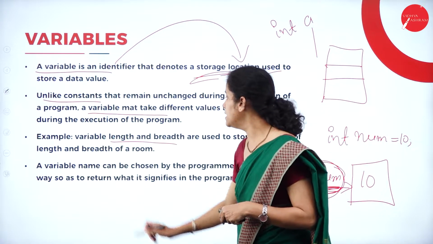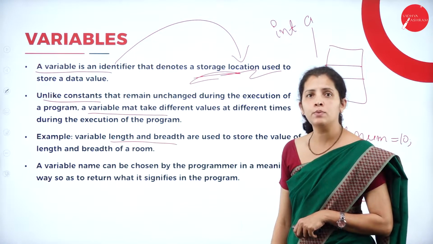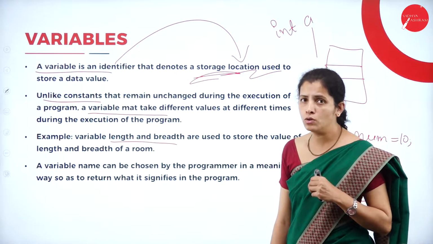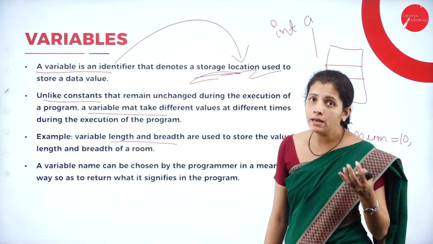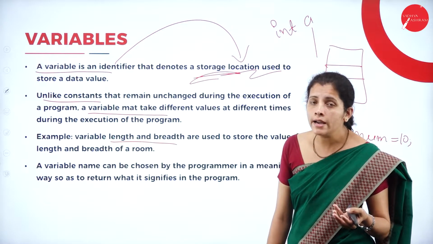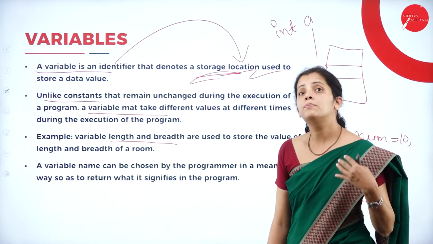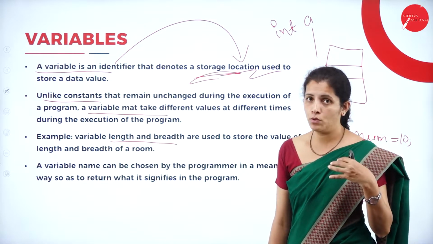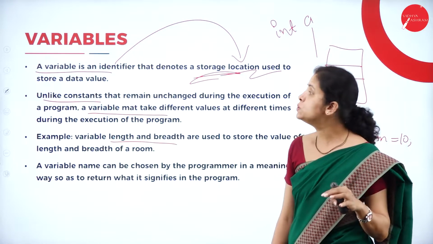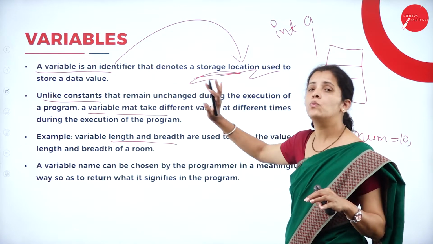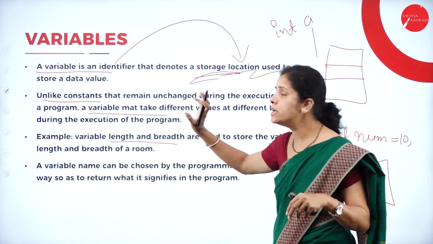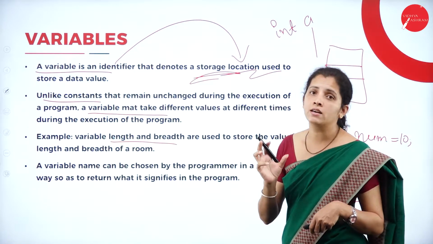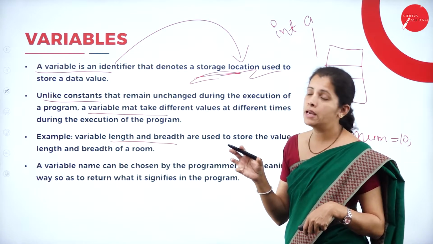A variable name can be chosen by the programmer. That means if I want to write the variable name, then who is going to write? Me, that means the programmer. Think that I'm the programmer. Now I'm going to choose the variable name, and while choosing the variable name, give some specific value to the variable.